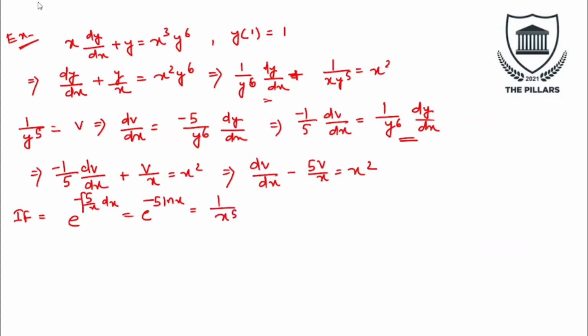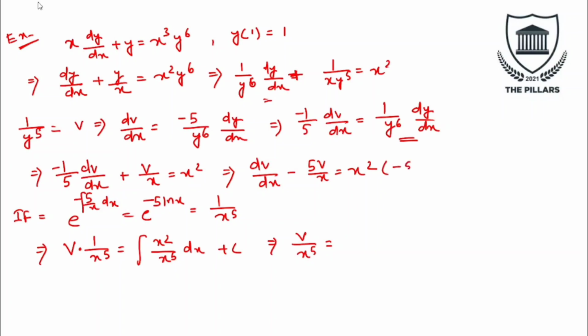Now put this integrating factor and find the solution. That becomes v into 1 by x to the power 5 is equal to the integral of x square by x to the power 5 dx plus arbitrary constant c. So we will get v by x to the power 5 is equal to, yeah, I have left minus 5 somewhere, I think.